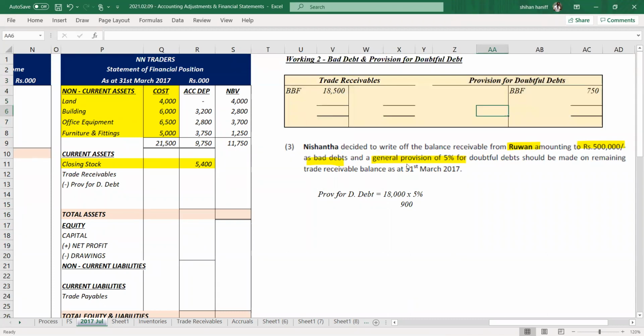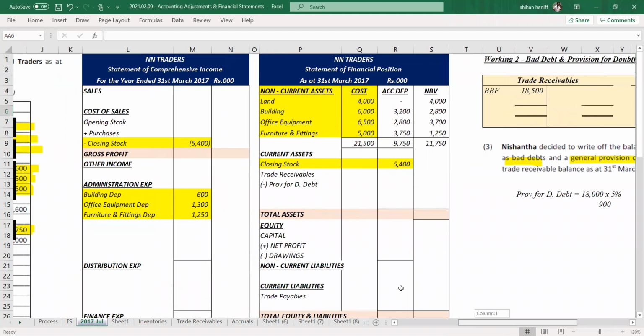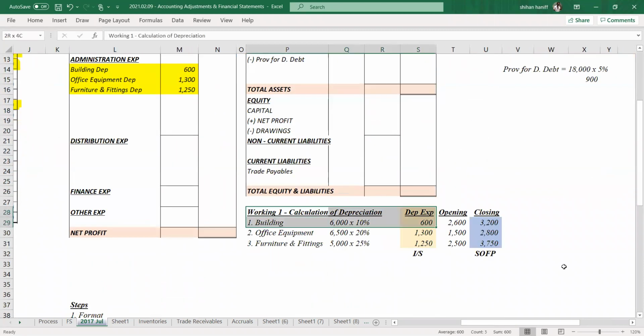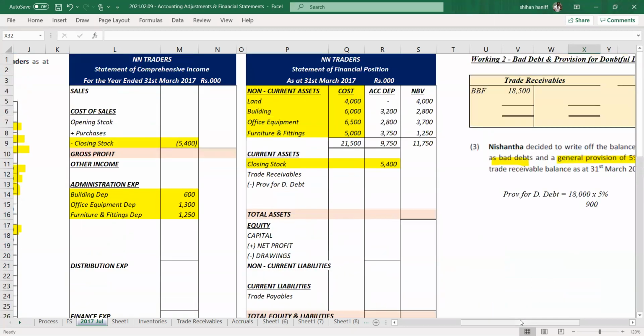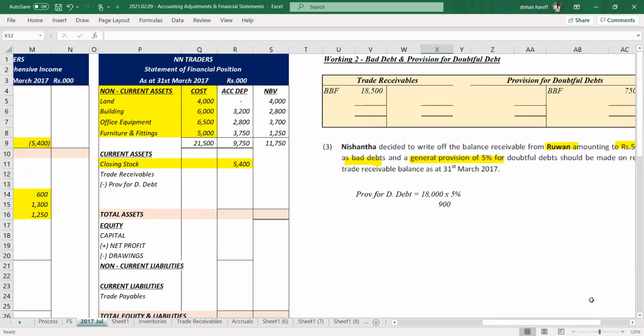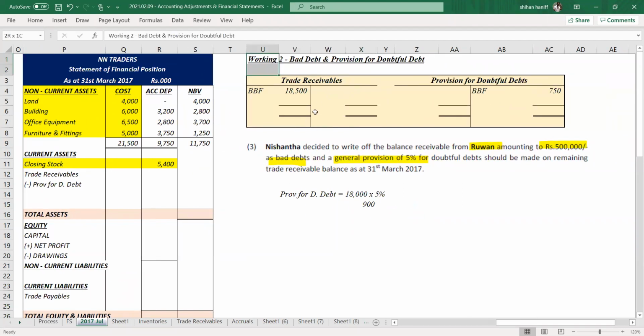Working number 2, bad debt and provision for doubtful debt.